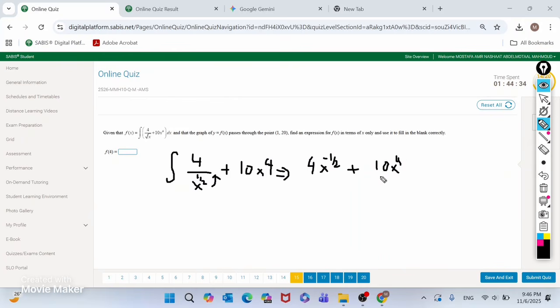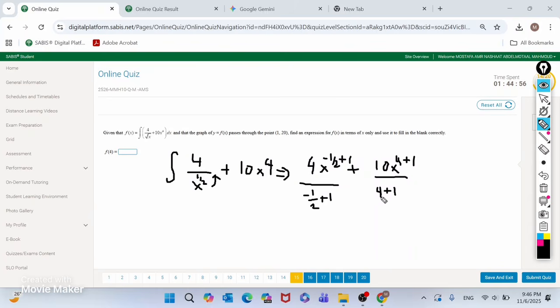Now we integrate this. So plus 1 over negative 1 over 2 plus 1, and here plus 1 over 4 plus 1.